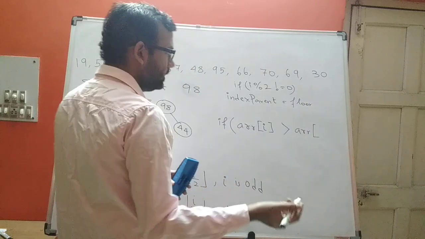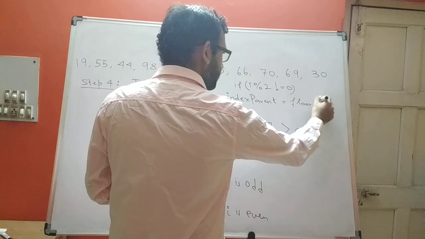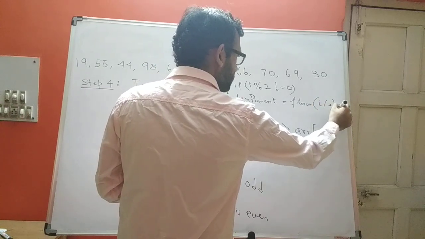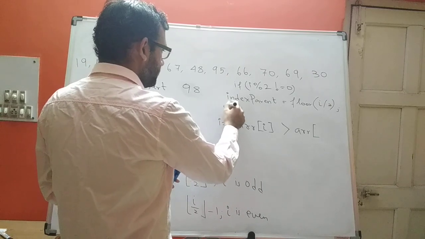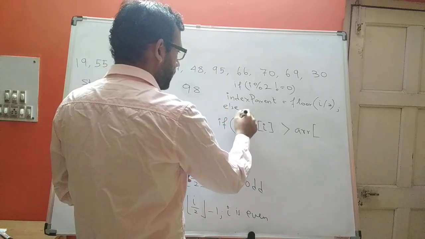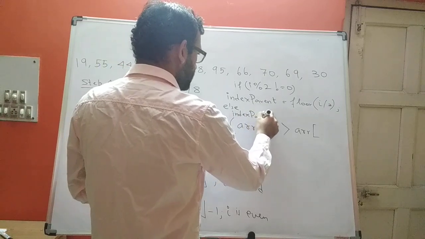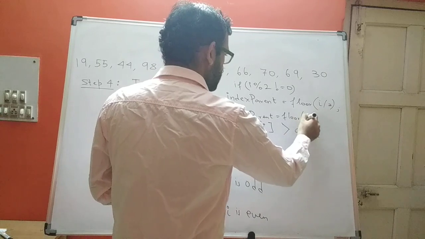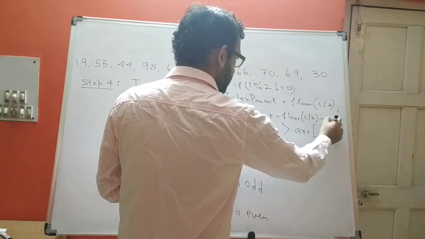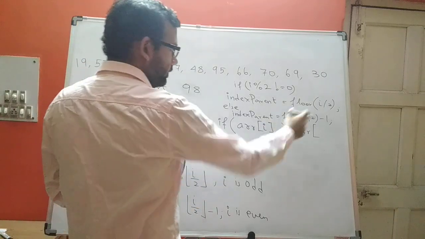It's available in C, so I can use this. So I would say floor of I by 2. Otherwise, how would I calculate my index parent? I would calculate my index parent as floor of I by 2 minus 1, because when it's even, I have to subtract 1 from the floor value.